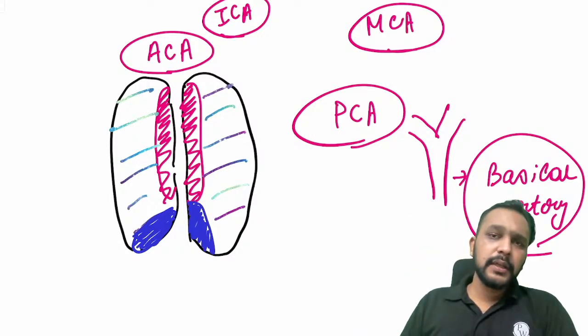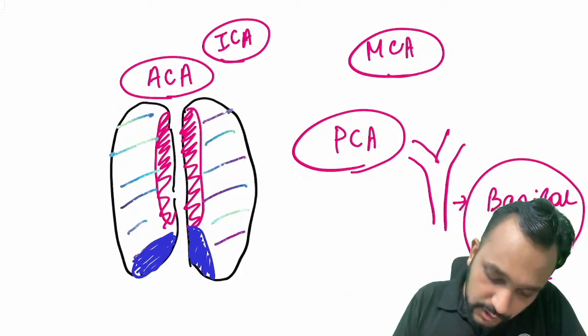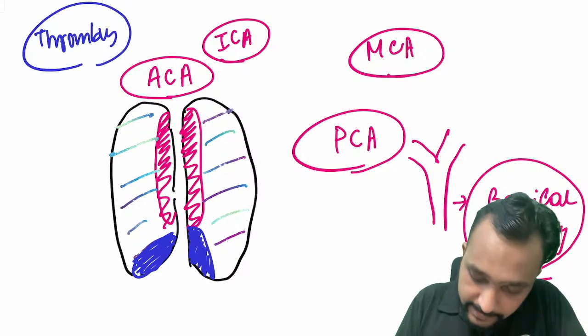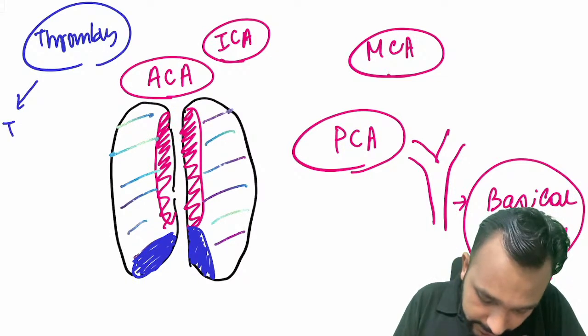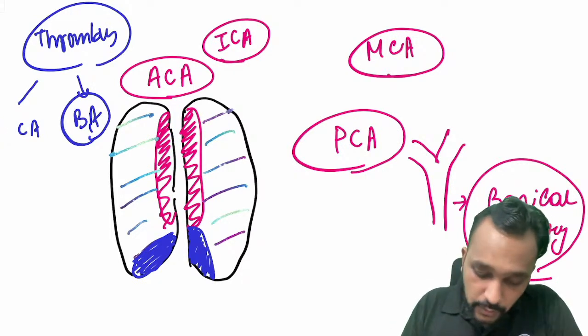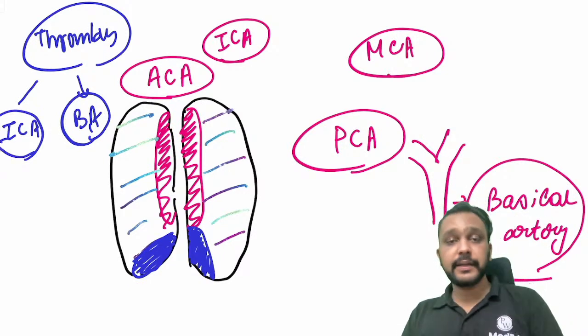So if a thrombus is present, it can either occlude the ICA, the internal carotid artery, or it can occlude the basilar artery.